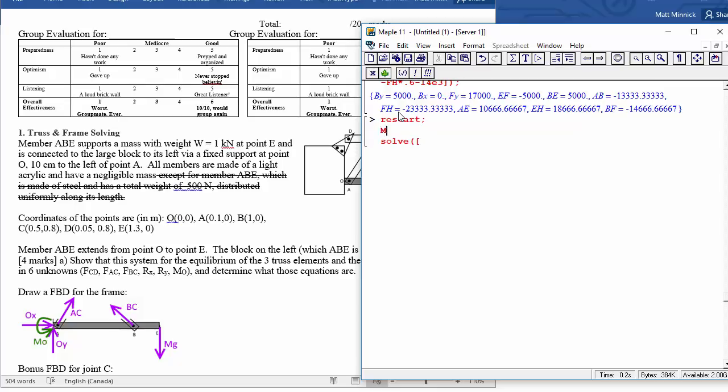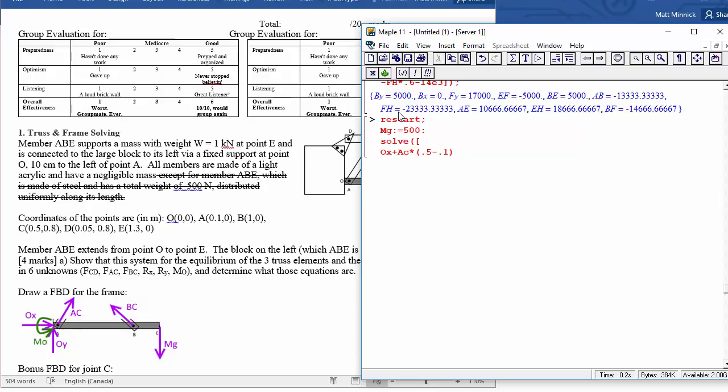First we'll say mg is equal to 500, and we've got the force on BE would be OX plus AC, and we need its x component. So its x component would be how far over A is to C, which would be 0.5 minus 0.1.